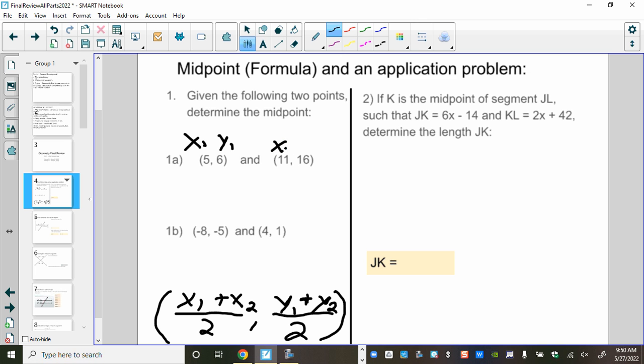X2, Y2. And basically you're doing the same thing. So you're going to do that for both of these problems.